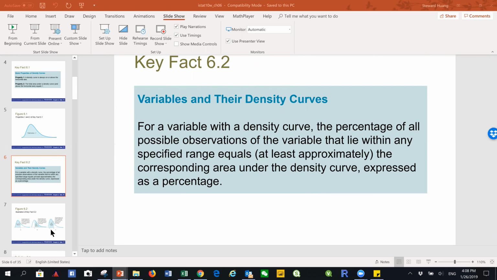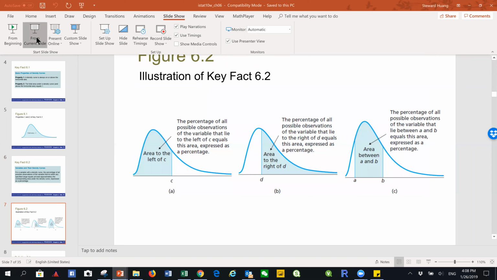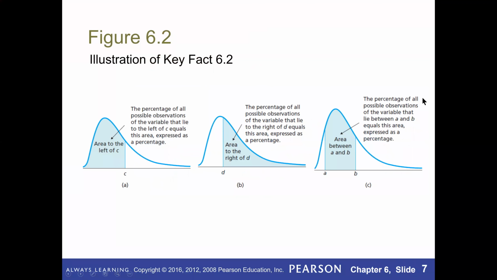Okay, and on the next slide we shall see that to calculate the probability that a random variable is less than or equal to C will be equal to the area to the left of C under the curve.